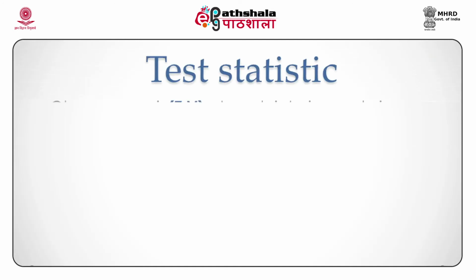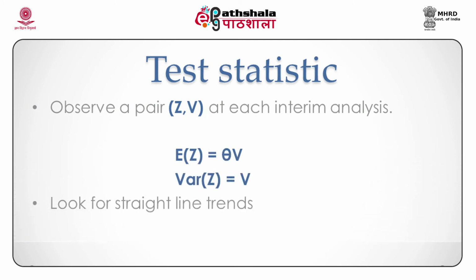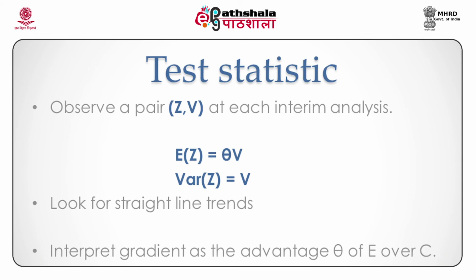Moving on to the test statistic, we shall assume that we have a series of interim analyses. At each interim analysis, we shall calculate a statistic Z, which denotes the advantage of E over C as has been calculated by the sample up to this interim analysis, and another statistic V, which represents the sample information about theta which is currently available at the particular interim analysis.